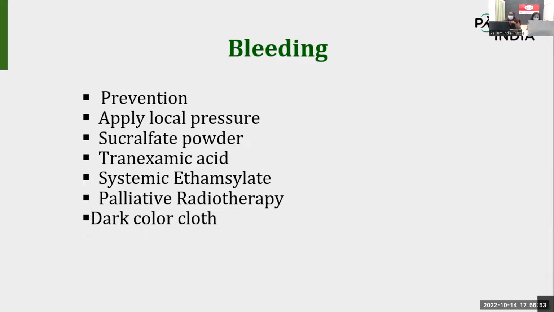Then bleeding, always try to prevent it. If there is any dressing adherence to the wound, you can soak the dressings with normal saline or normal water, and then remove it. That way we can prevent bleeding. If the wound has bleeding, apply local pressure.